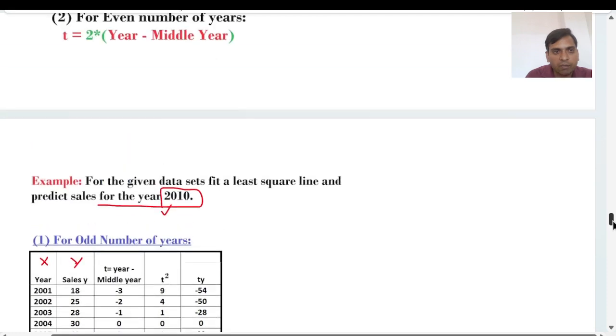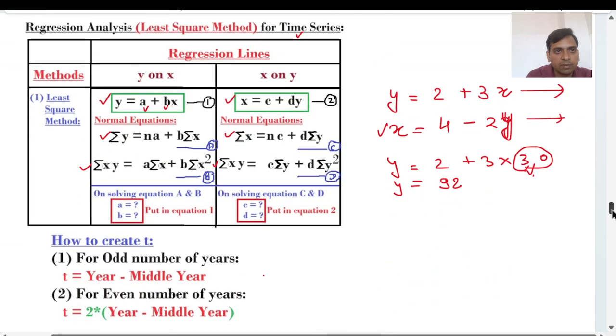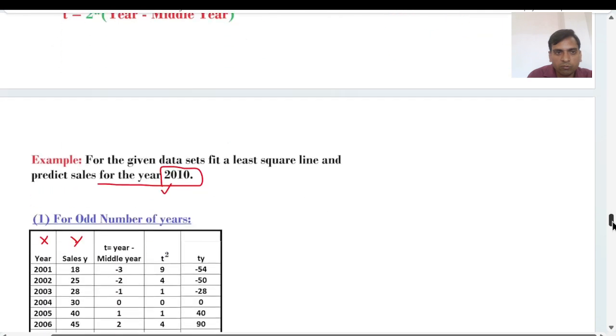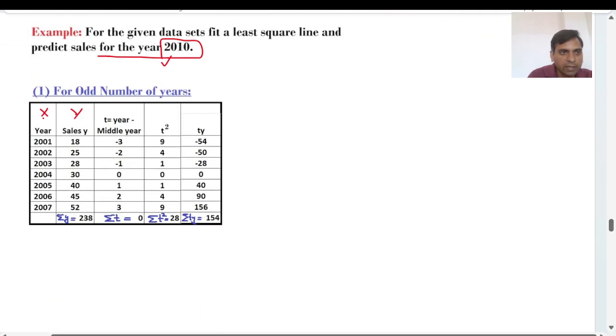In the least square method, there are two concepts. First is Y on X and second is X on Y. But in this case, we are talking about time, and the second thing is sales. Time is not a dependent variable, it is an independent variable, and sales is the dependent variable. So we have two columns: first is time, X, and second is Y, sales.